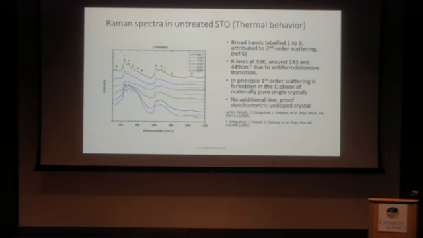We can see the peaks labeled 1, 2, 3, and so on, which are well known and attributed to second order scattering, and the R lines, which are seen at low temperature, are due to the antiferrodistorsive phase transition. I remind you that in principle, first order Raman scattering is forbidden in the cubic phase. So we have no additional line. It means that it's the proof that we have a stoichiometric undoped crystal.